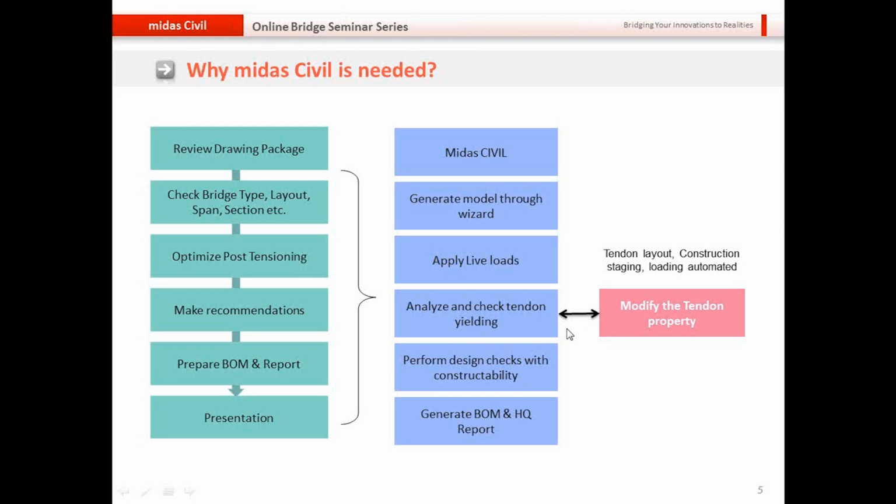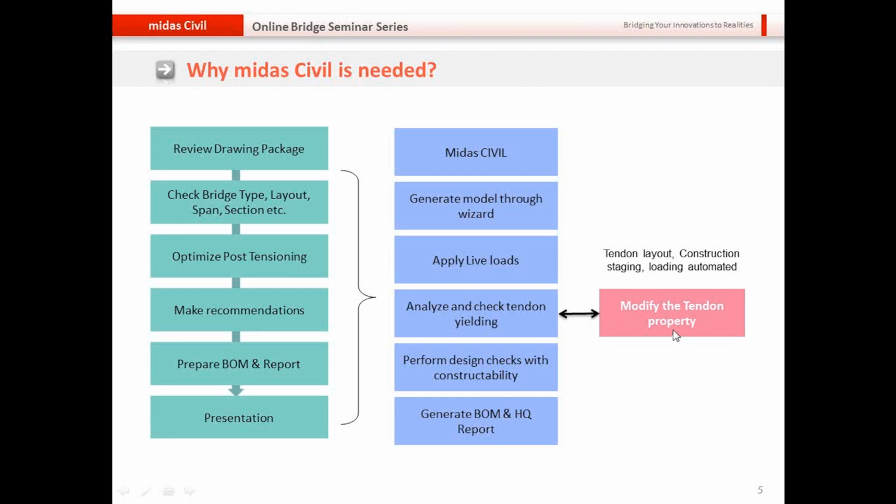All right. So continuing from where we left, instead of performing the analysis and then design and then modifying your layout and the tendon profile, what you can do in Midas is just perform the analysis and check the tendon yielding criteria. You can see the deflections and stress values, and then modify the tendon property very easily.